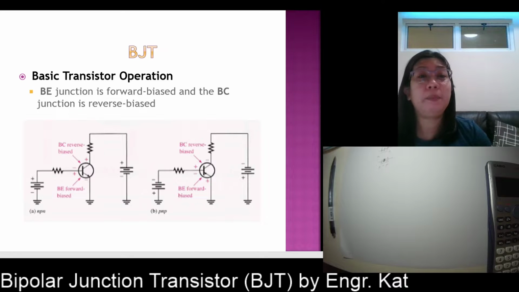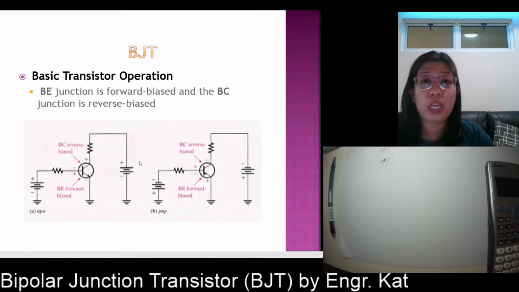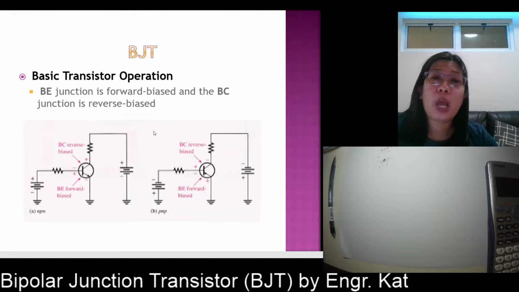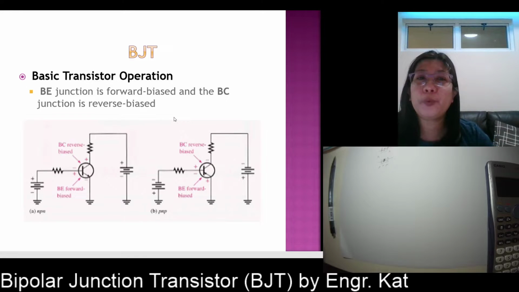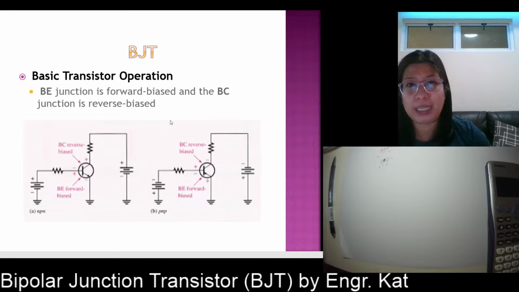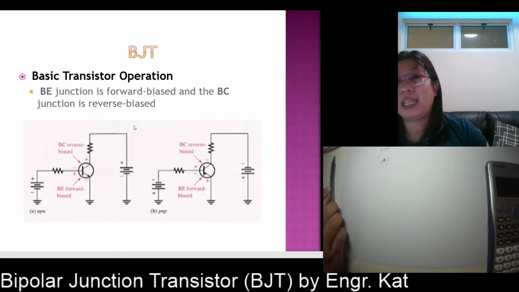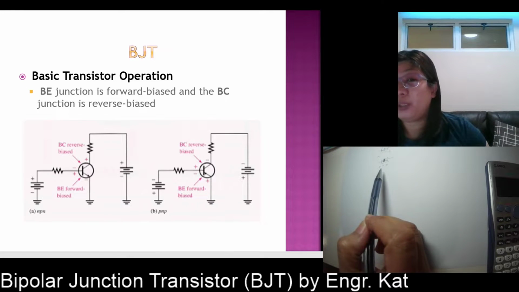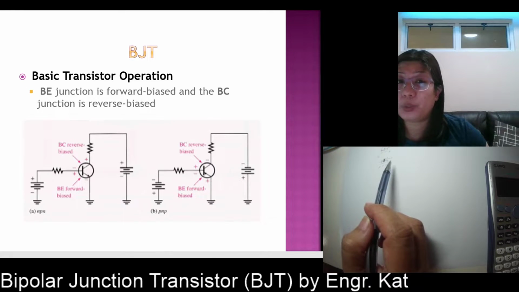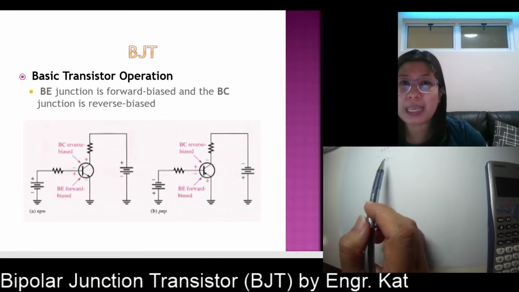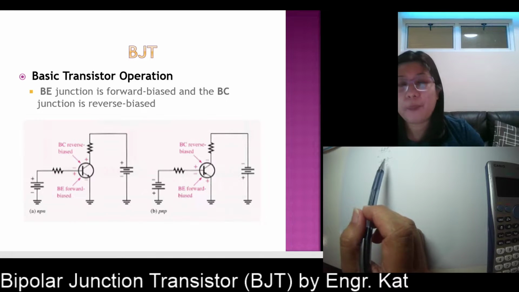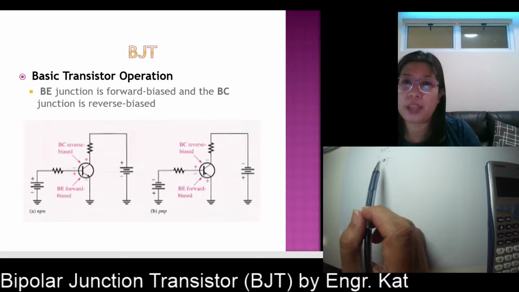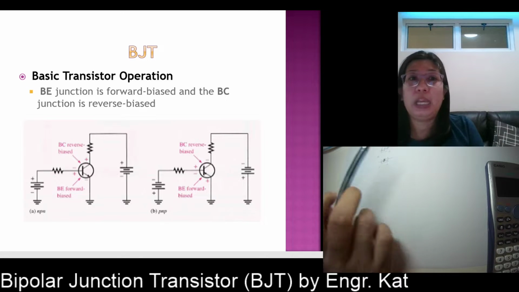So what is the basic transistor operation? You are already familiar with the forward bias and the reverse bias. Since this is just diodes connected back to back, the forward and the reverse biasing is just like what happens when we discuss the forward and the reverse bias in the diode.